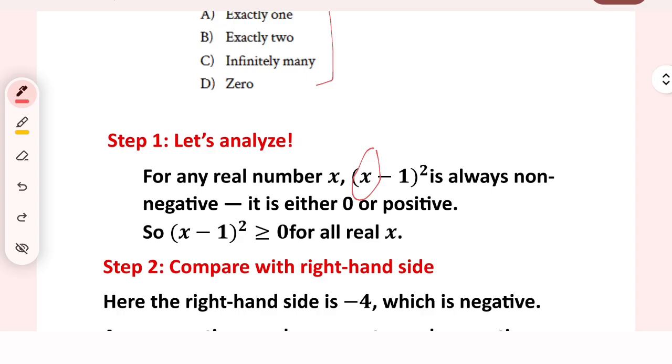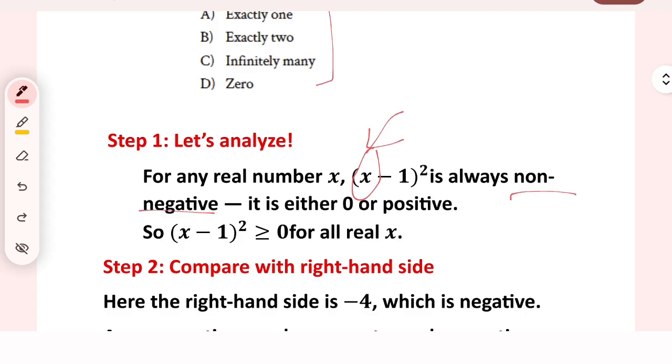Let's say, for example, I put 3. 3 minus 1 is 2, and 2 squared is 4. So the answer is always non-negative. Whatever real number I put here for x, the quantity is non-negative.